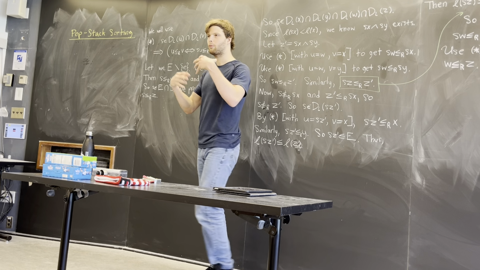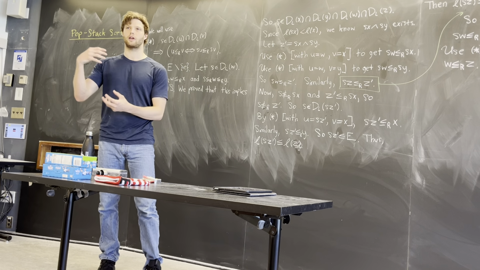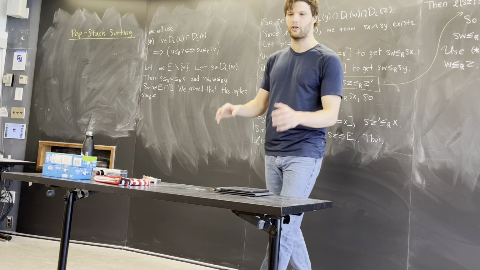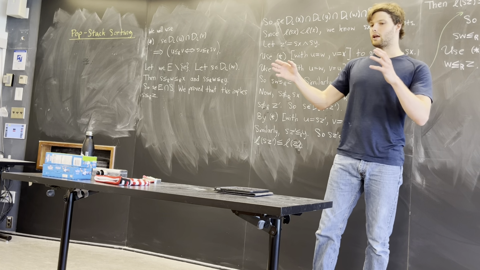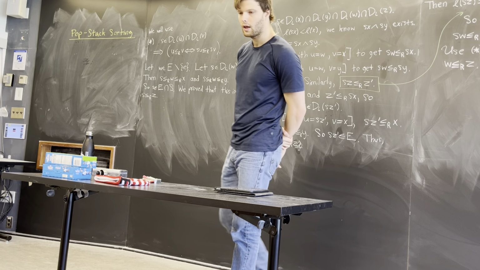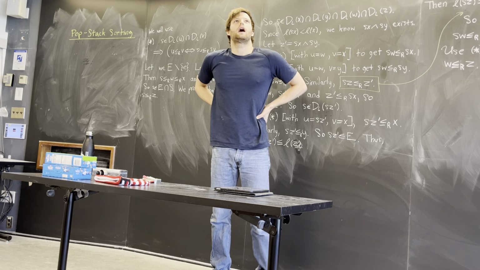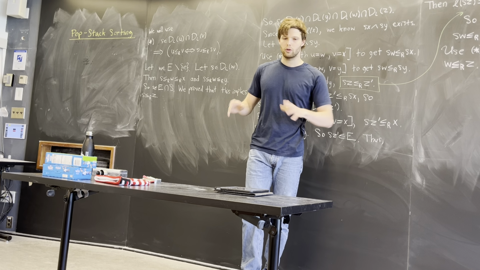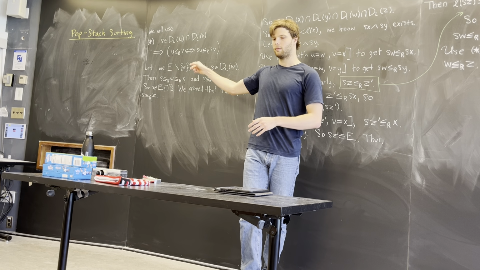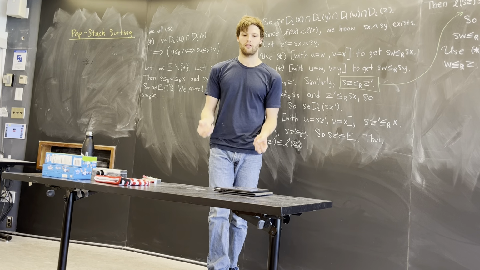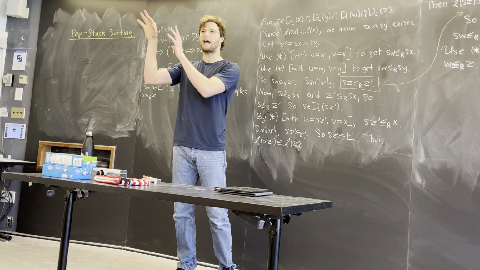And he came up with a bunch of sorting algorithms and various data structures. And one of the things he came up with is this thing called a stack. And it's basically this object that you can use to sort a permutation. And then in 1990, there was this guy Julian West, who was a grad student at MIT, and he defined a deterministic version of this stack sorting thing.